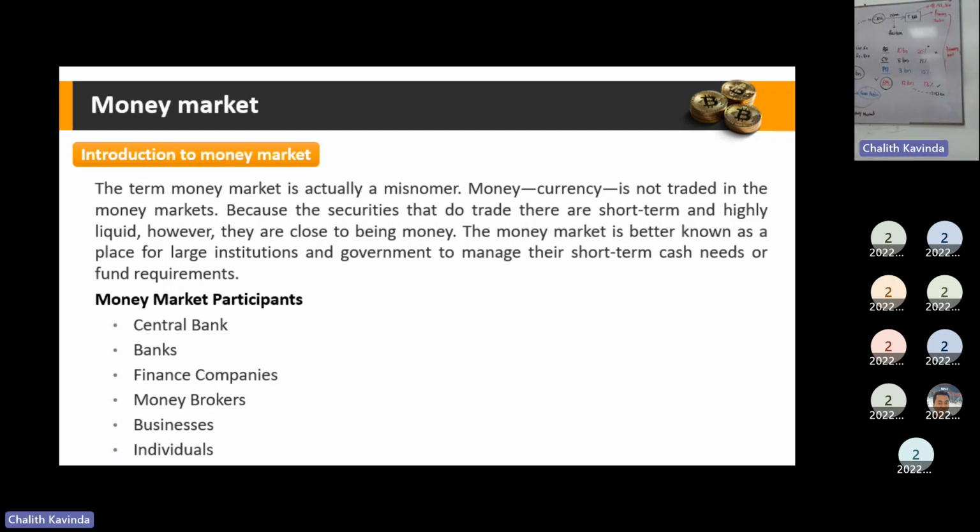Okay, so this is the primary market and this is the secondary market. For the treasury bills, you are issuing them to the general public at a lower interest rate.